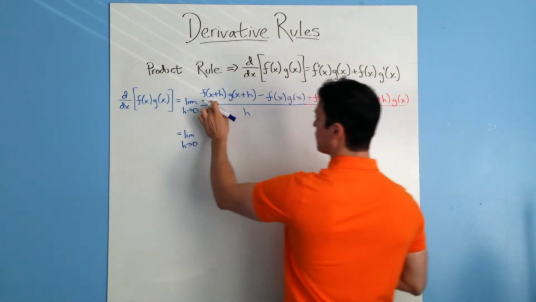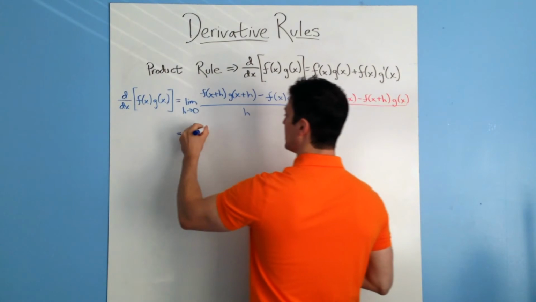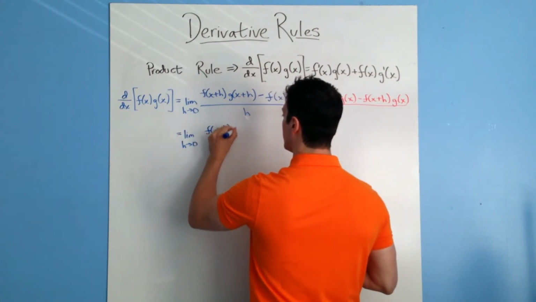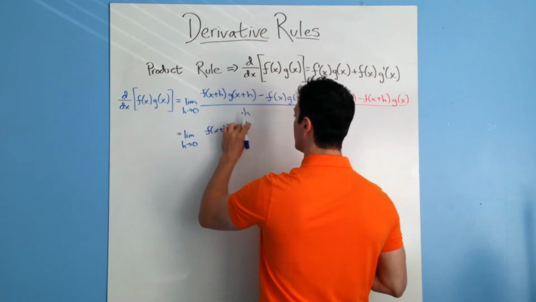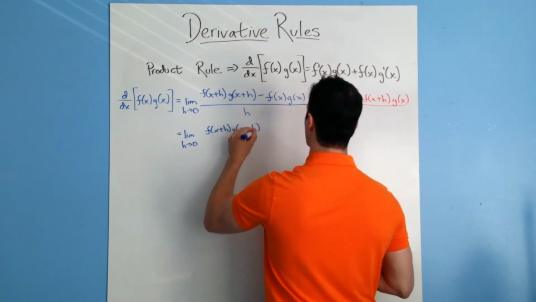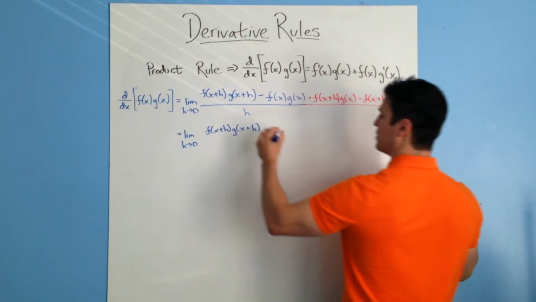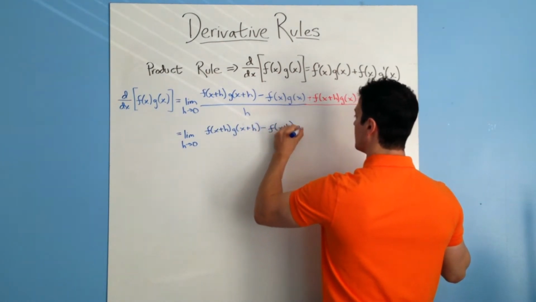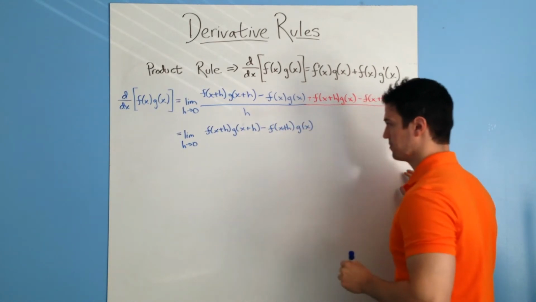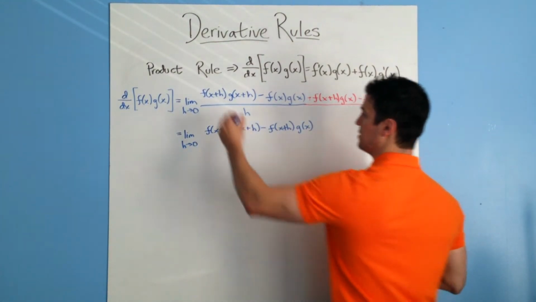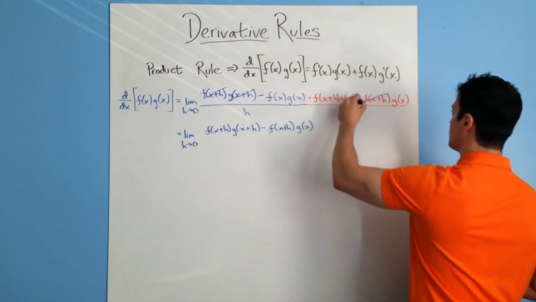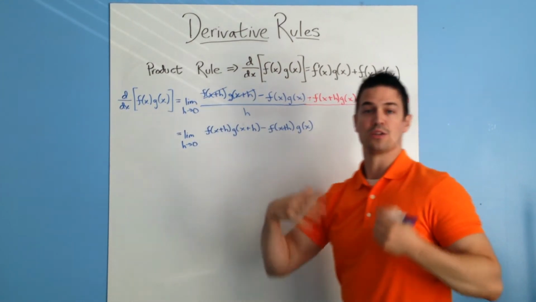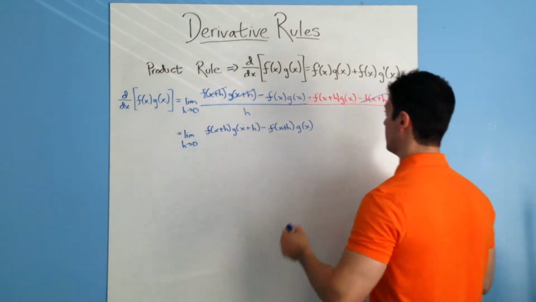So I'm going to take this first term, f of x plus h times g of x plus h, and subtract this f of x plus h times g of x. So basically this term and this term are gone because they're used in this next line. So I'm just getting rid of them so I can better organize myself here.